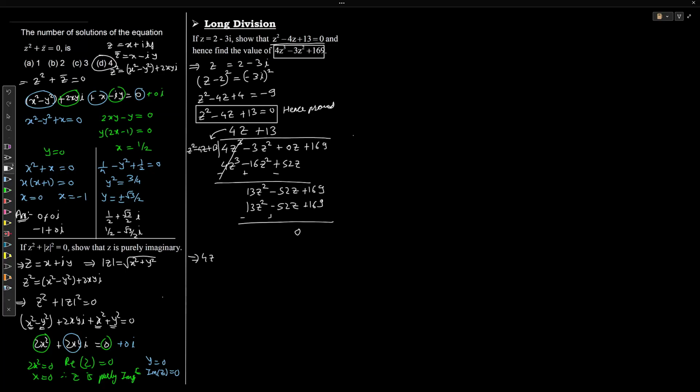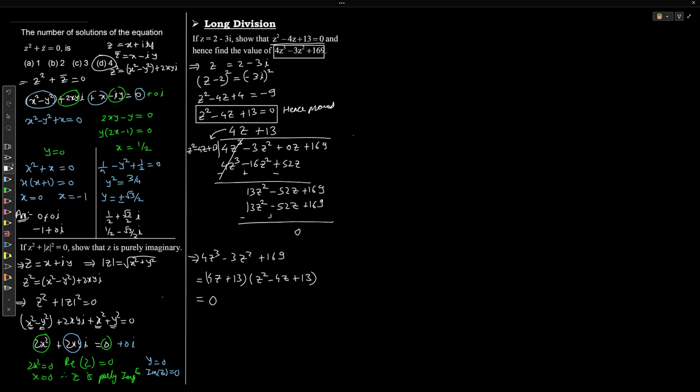So here we get 4z cube minus 3z square plus 169 is equal to the product of these two. Or we can say 4z plus 13 into z square minus 4z plus 13. And we already get the value of this polynomial as 0. So your answer will be 0. Ta-da!